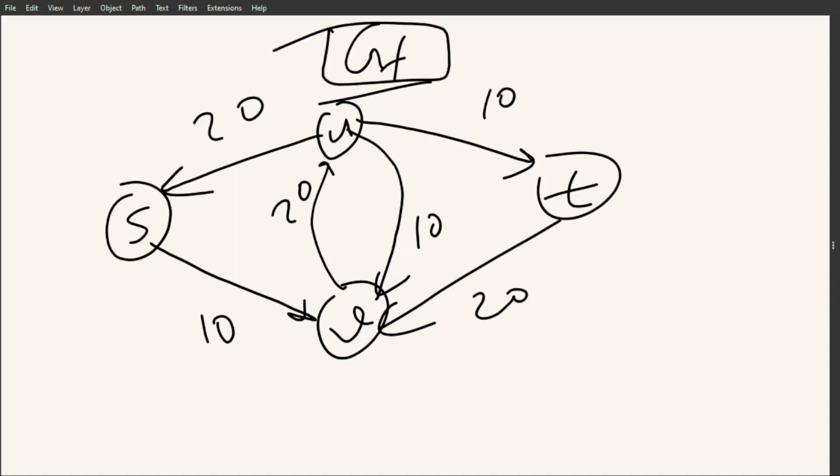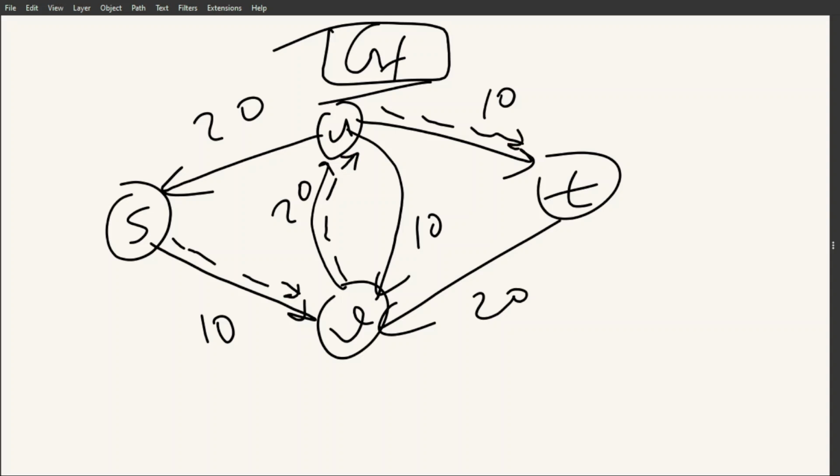So step 1 is we should find a path, an S to T simple path. The one that we find is S, V, U, T. So this path we'll find, just making this S to V, then to U, then to T. Take this path.